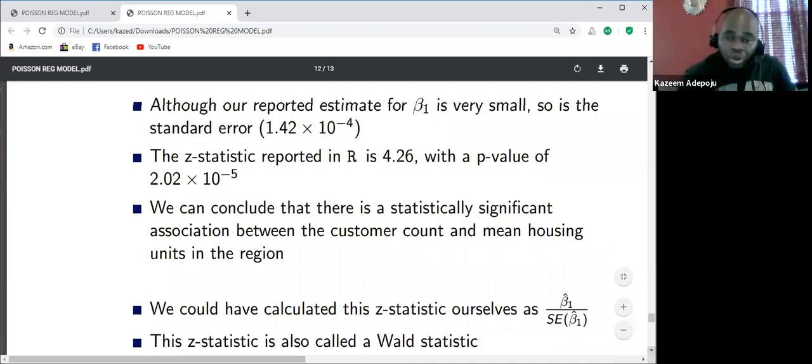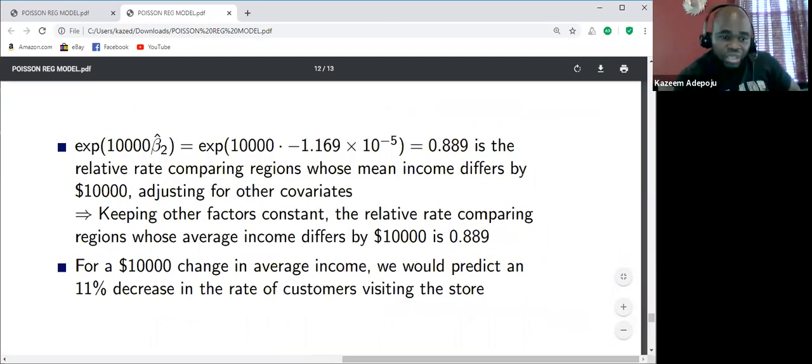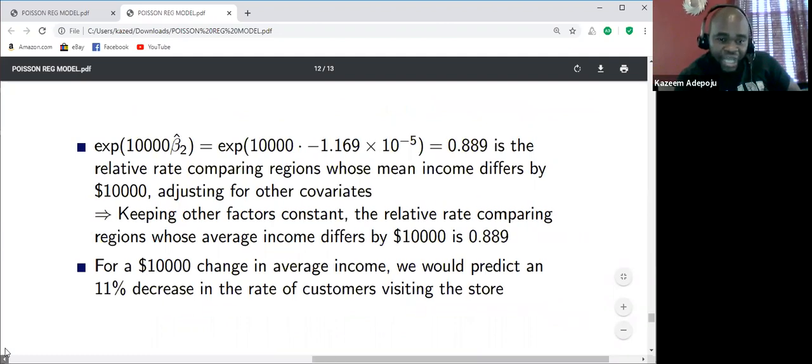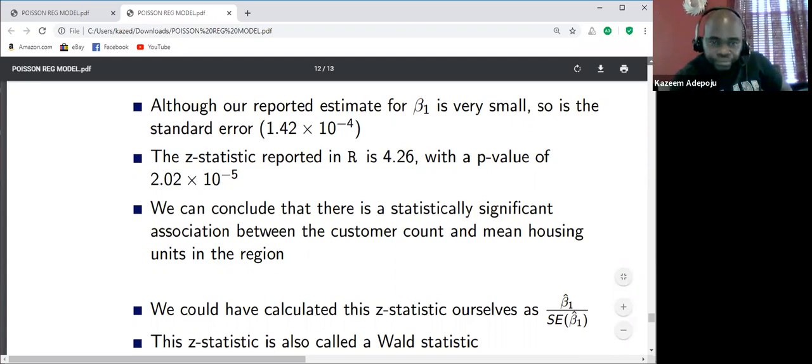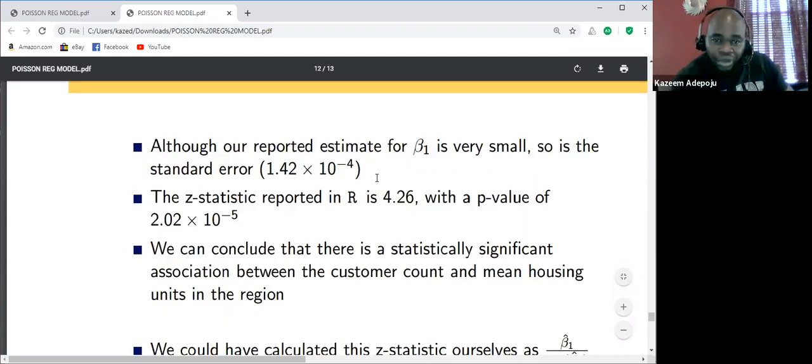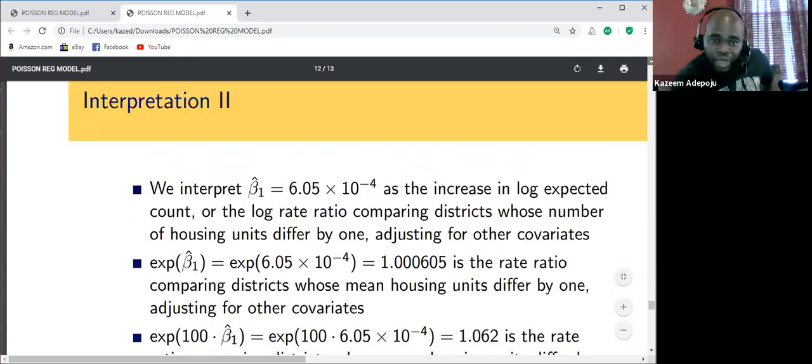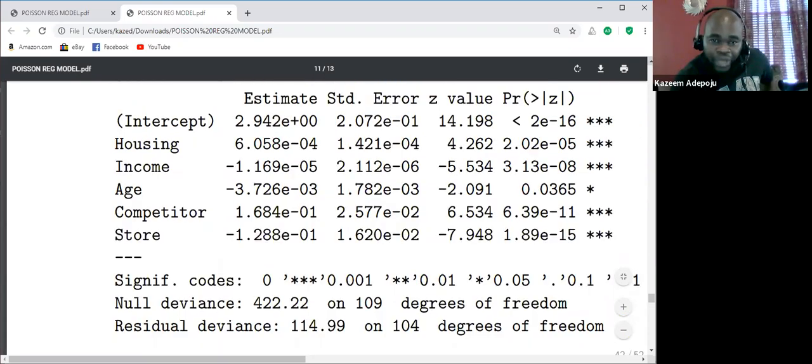And of course, you can tell the significance of the parameter. Let me quickly finish that. Here, I said, although our reported estimate of beta 1 is very small, so is the standard error. If you go to the table, look at the beta 1.